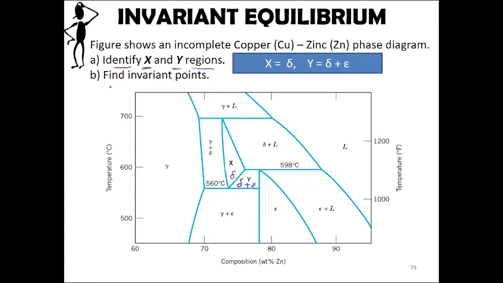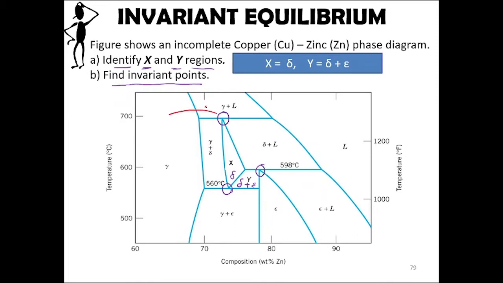The second question: find the invariant points. We must remember invariant means we have three phases coexisting together. So for this phase diagram, we can see that we have one over here, two over here, and the third one is over here.